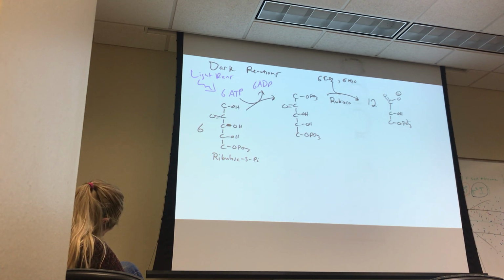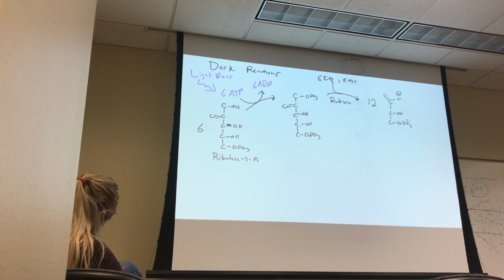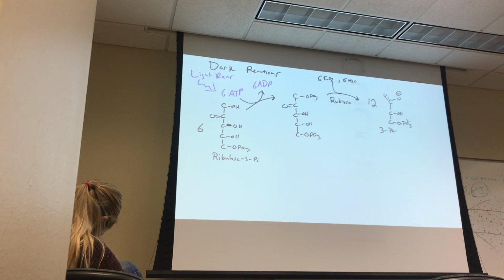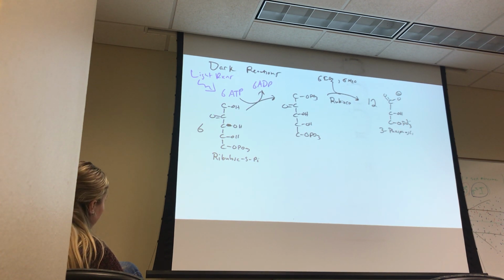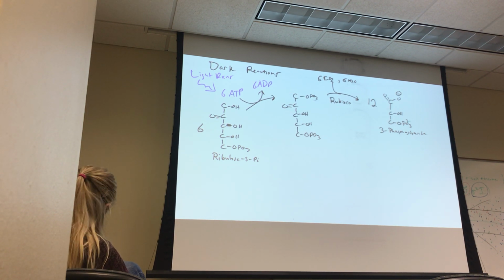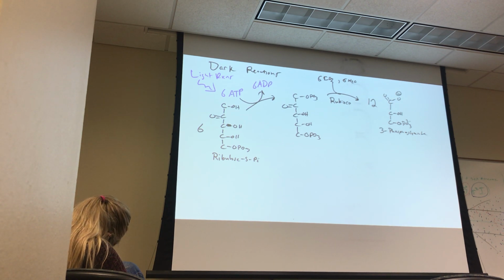And if I'm not putting hydrogens on, they're assumed to be there, okay? So we've already seen this one, 3-phosphoglycerate. We saw it in glycolysis. Okay? And if you look, part of this pathway is out of glycolysis. It's the reverse. So Rubisco attached those CO2 molecules. Now we have 12 of these.